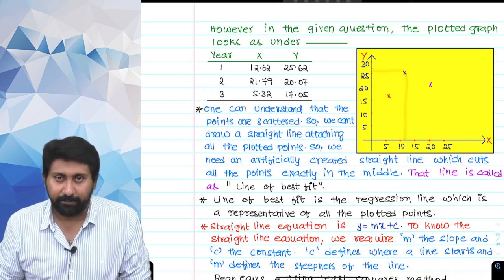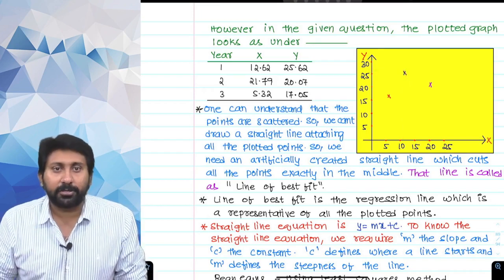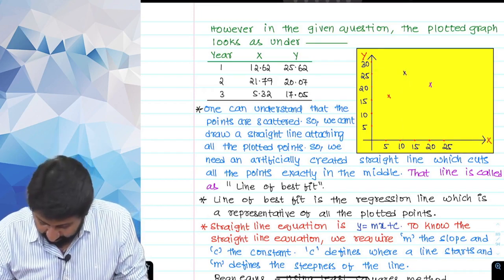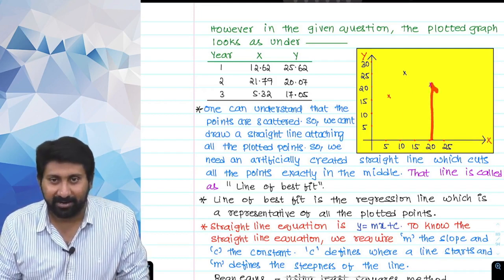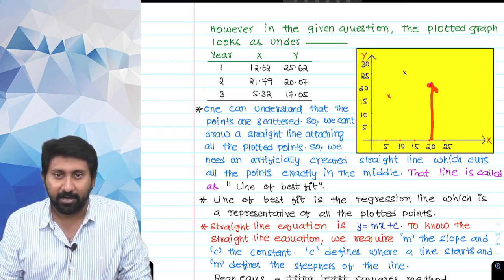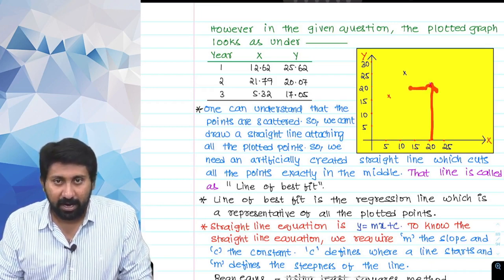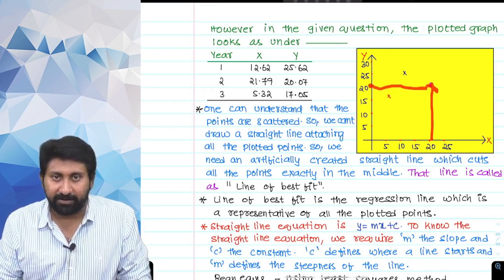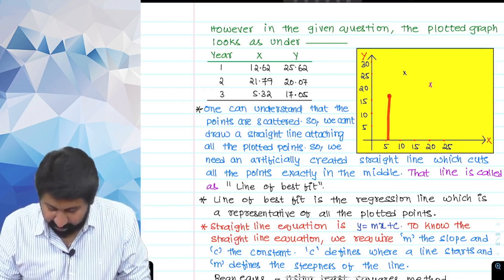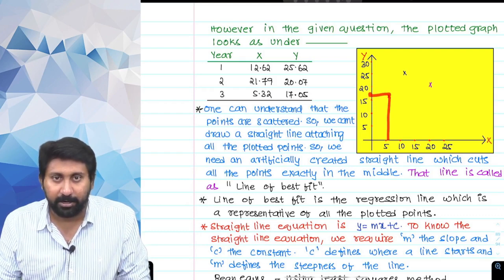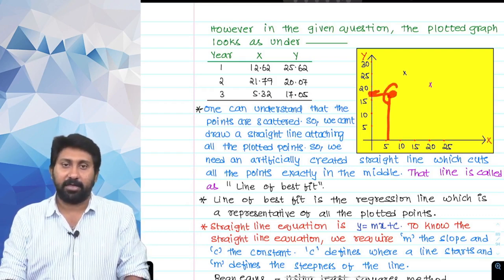We plotted. Next, 21.79 and 20.07, somewhere here. Don't go for accuracy here, we are not doing any statistics. Done. Next, 5.32 and 17.05, somewhere here.